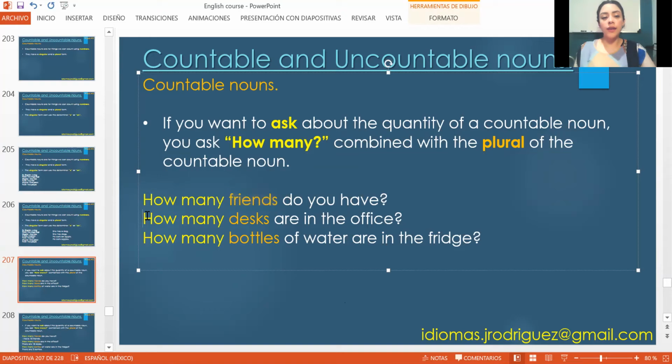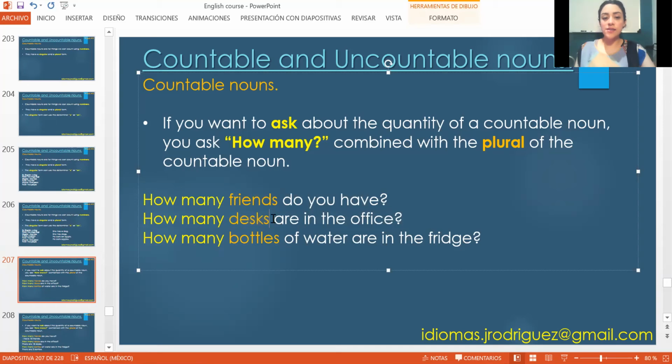Next, how many desks are in the office? ¿Cuántos escritorios hay en la oficina? I have my plural of desk, one desk, two desks.